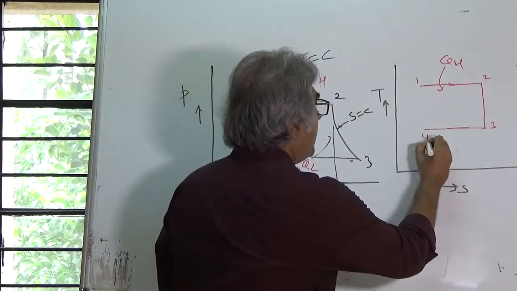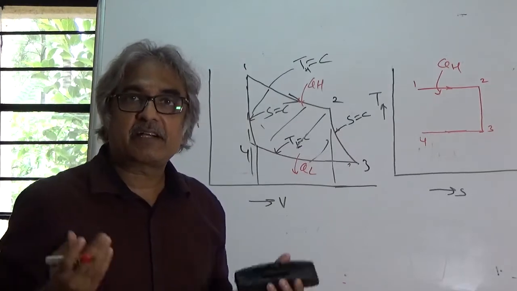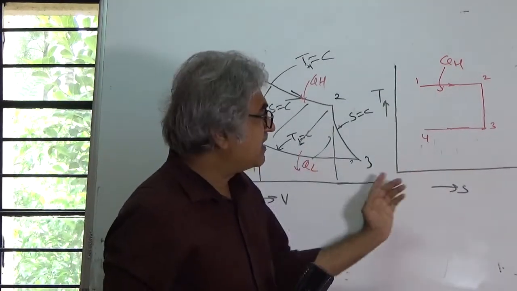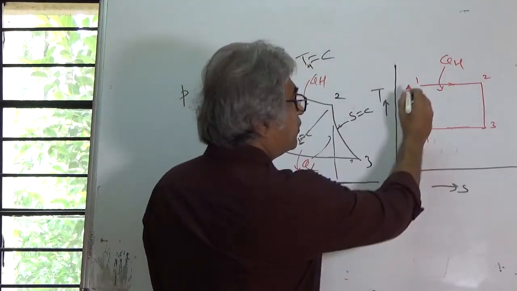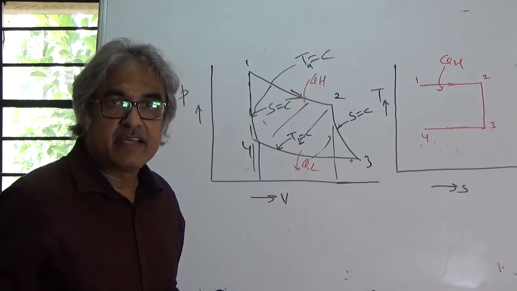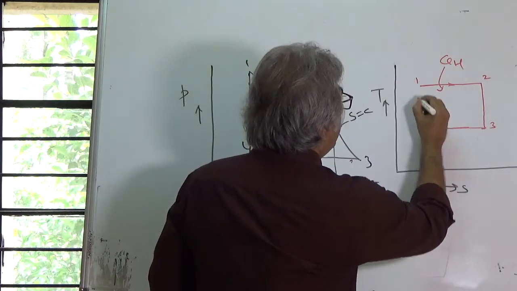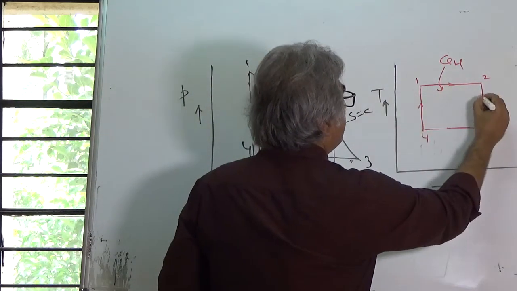And 4 to 1 is reversible adiabatic, that means isentropic process. So it has to be a vertical line because the x-axis is entropy. So 4 should be exactly below 1, and we go back to state 1 because the cycle is executed. So when I draw this, it should be a vertical line.